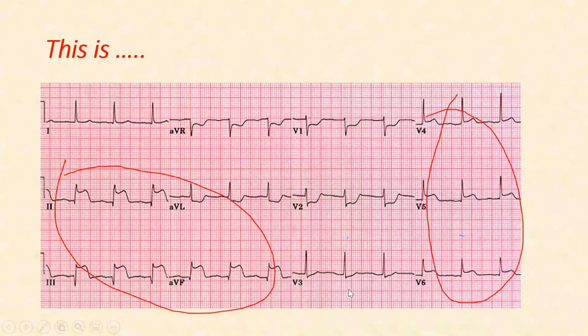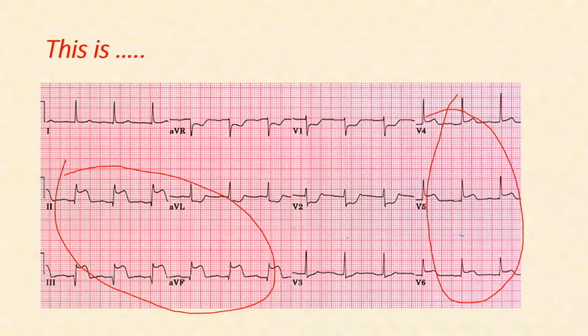Yeah. So this is also posterior extension. So we have inferior, posterior, and anterior, or what? What do we have here? Lateral. Exactly.